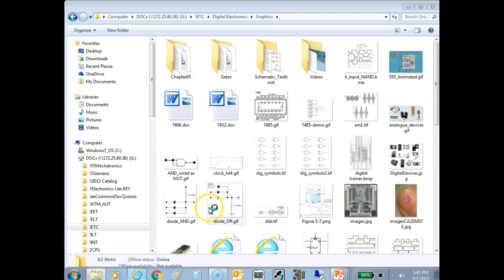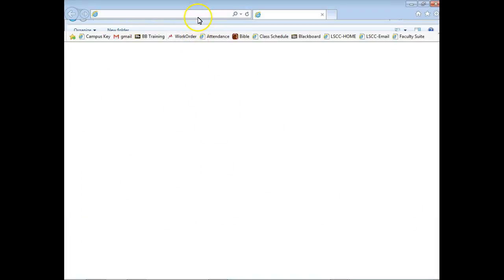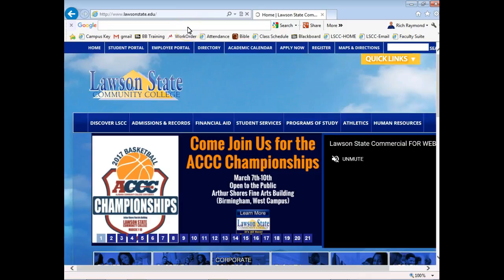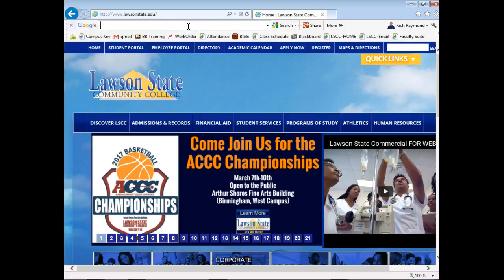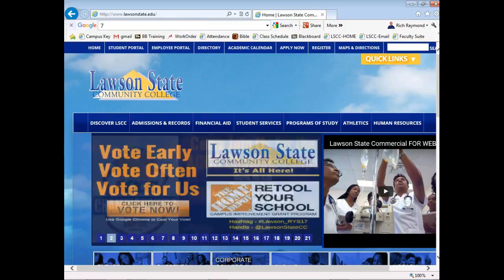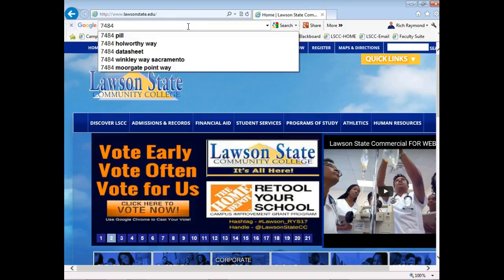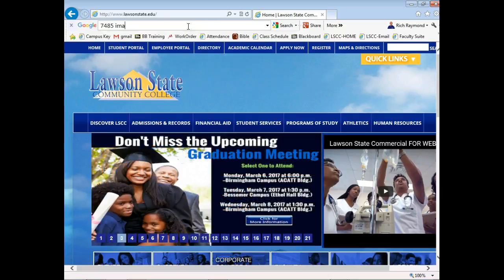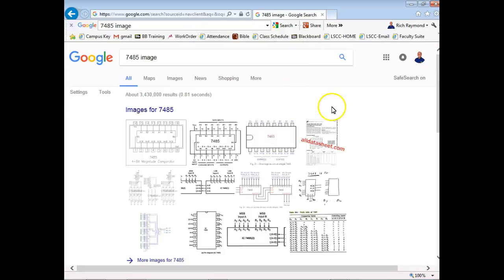But we'll look at the insides just to get a little feel of what we talk about, combinational logic. I'm just going to Google it and get the image of it, and that way it'll show us. One of these images will actually be the internals of this thing somewhere.